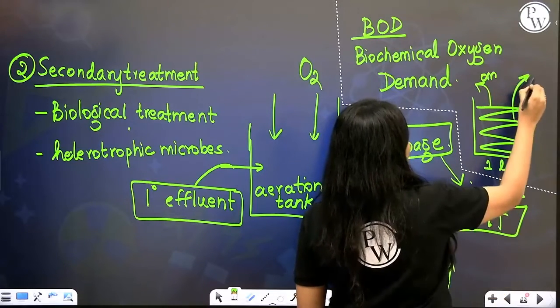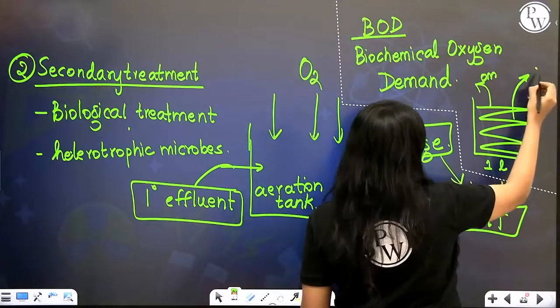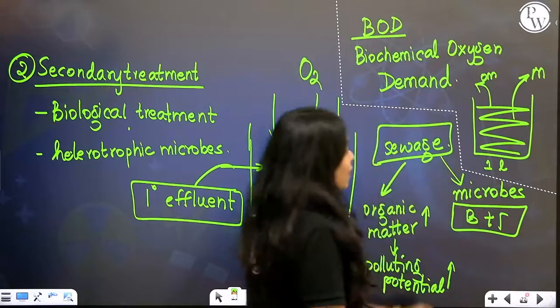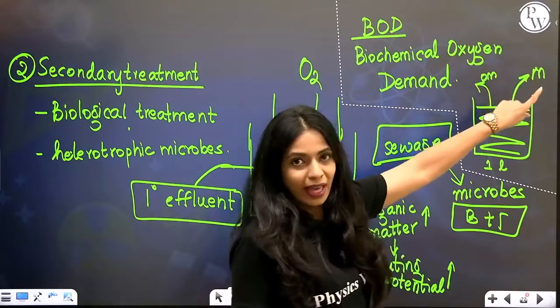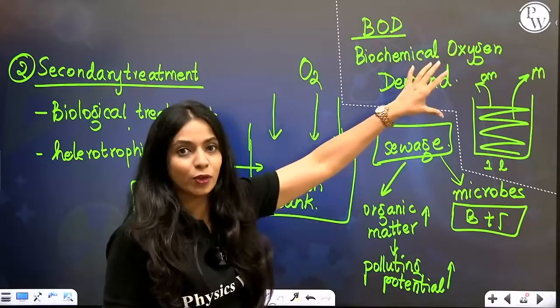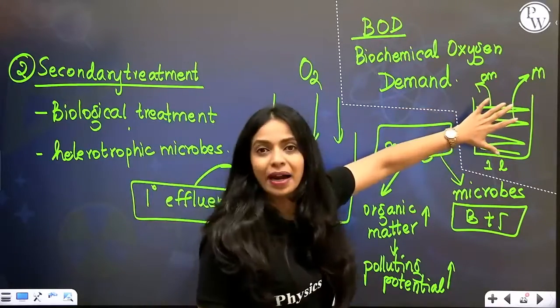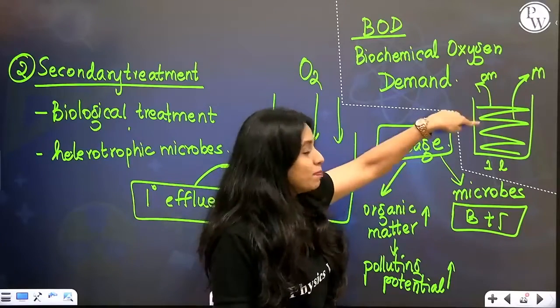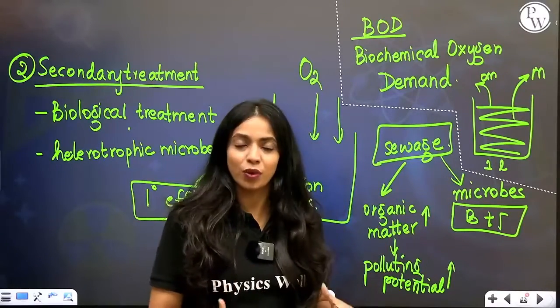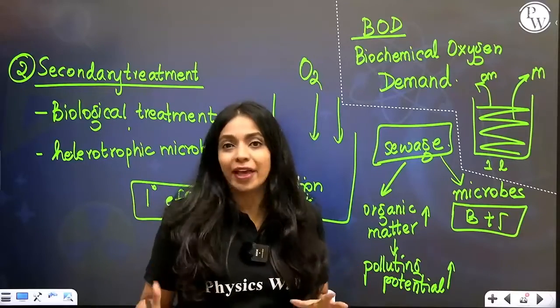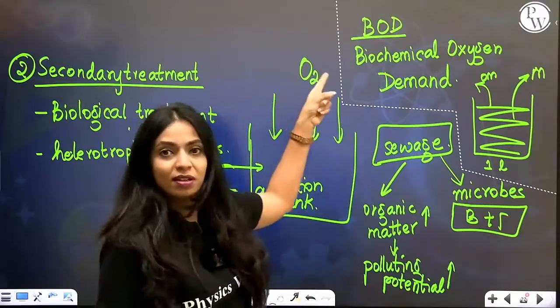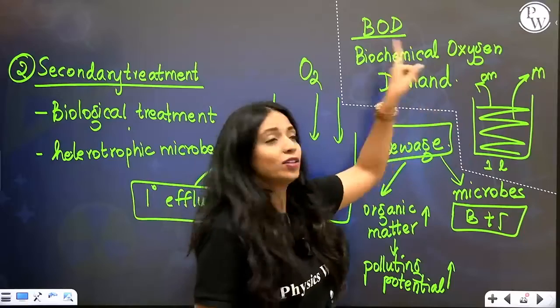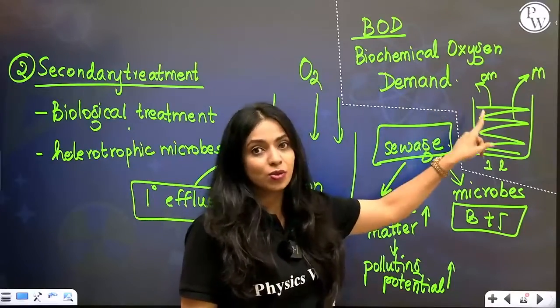Within this water sample, you also have heterotrophic microorganisms. For these heterotrophic microorganisms, this organic matter acts as the food. So, these heterotrophic microorganisms will make use of the organic matter as food, break it down aerobically, making use of oxygen, and reduce the content of organic matter in the sewage.